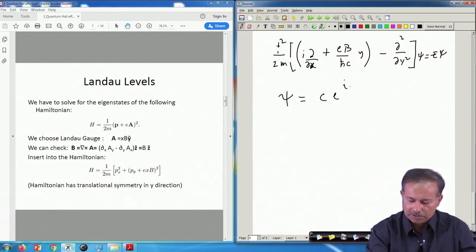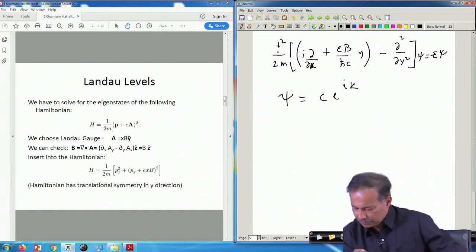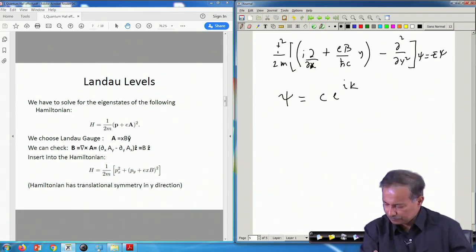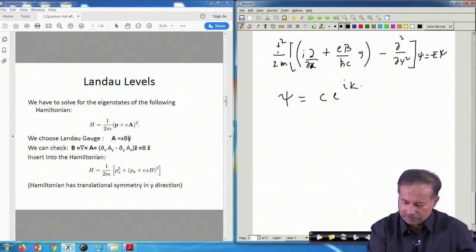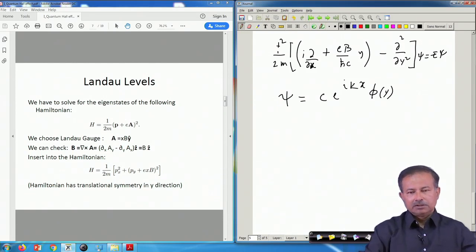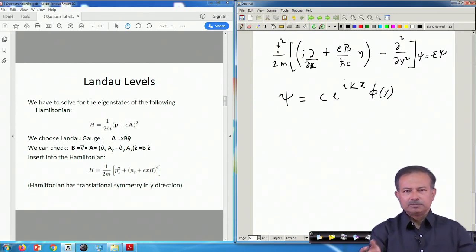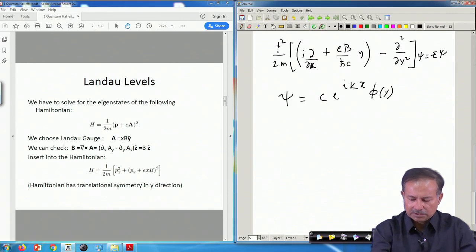e to the power i k x times some phi of y. This is called the separation of variables. You have done it in hydrogen atom problems or in many other cases.